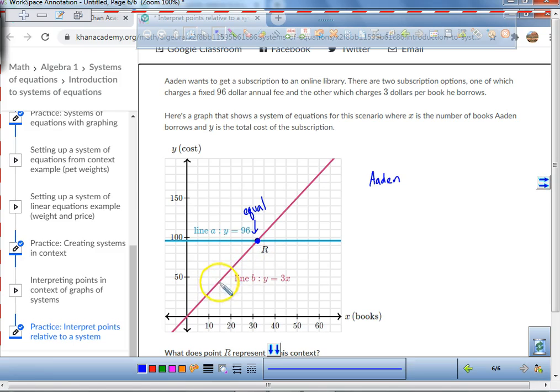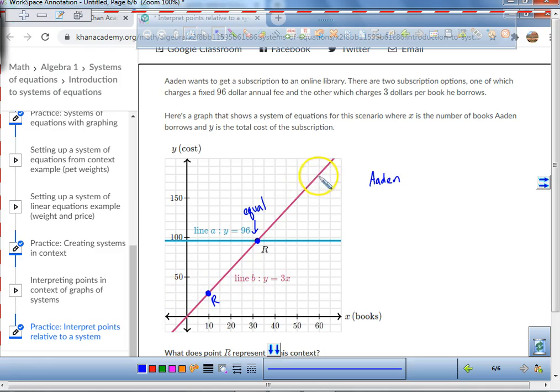No. How about this? What if I put the point right here? What if I put R right there? Which subscription should he use? The red or the pink or the blue? The pink, right? Because he would only be charged 10 times 3, that'd be a $30 a year charge.